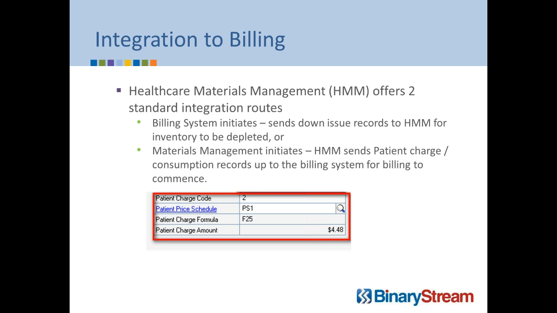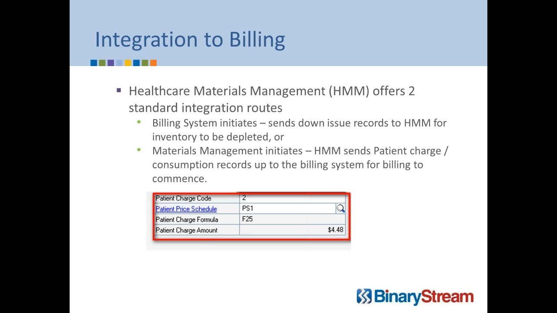So the billing system can initiate the actual materials. In other words, if the billing system receives information that goods have been consumed, it can send those issue or decrement records down to the Binary system to be depleted, or materials management can initiate it and say, this has been used, let's send this information up to the billing system.